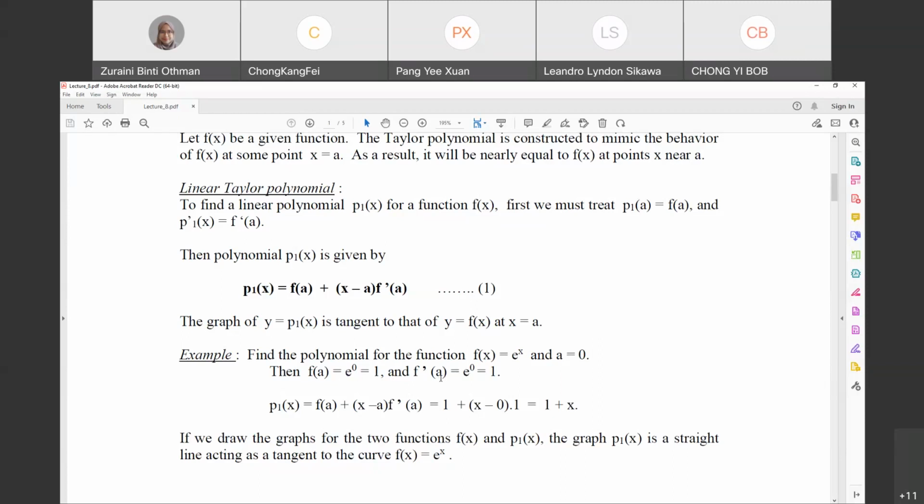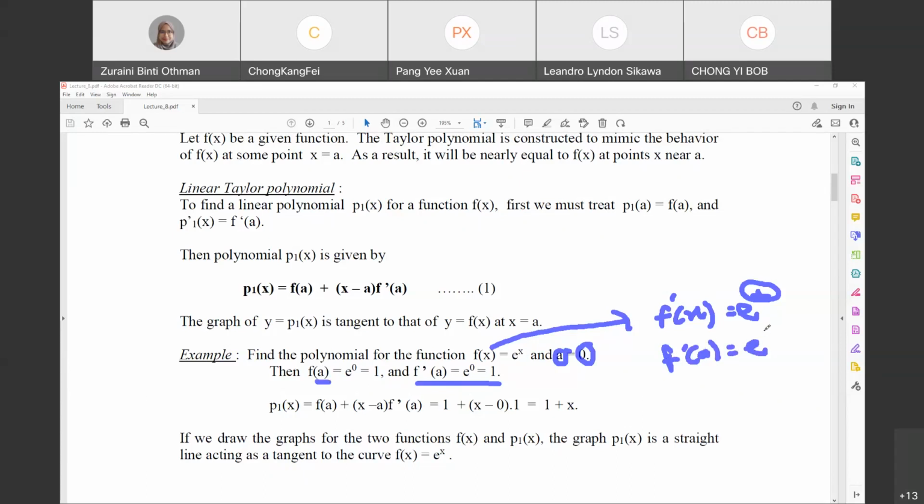Sebab bila kita differentiate dia dapat exponent x also, right? Bila f(x) kita differentiate ni, we get exponent x also. That's why here we also get exponent 0 because a is equal to 0, and f prime(a) is equal to exponent 0 which is also 1.